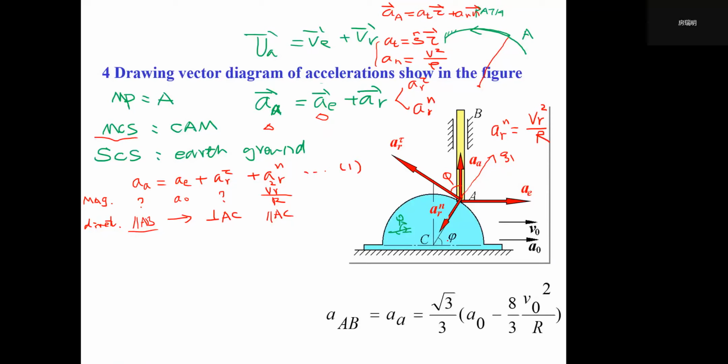I just prolong this CA and give a positive direction definition, right? So here also should be phi. Why? Because this is a vertical line, this is a horizontal line. So this angle plus this angle will be 90 degrees, and the same angle plus this angle also equals 90 degrees. So this angle and this angle will always be phi, right?